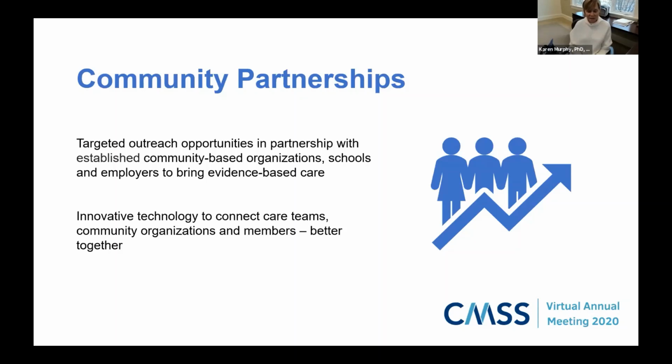It is highly unlikely that any health system is going to be able to, or should really, address all the social determinants of health. We have community and social service organizations that have both the expertise, the deep knowledge, and they have their mission and focus on social determinants of health.